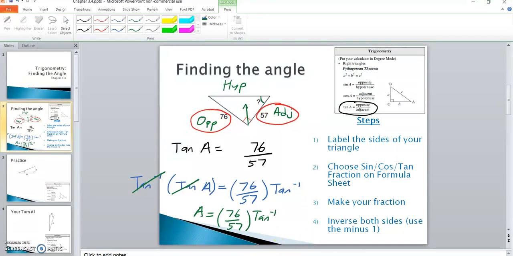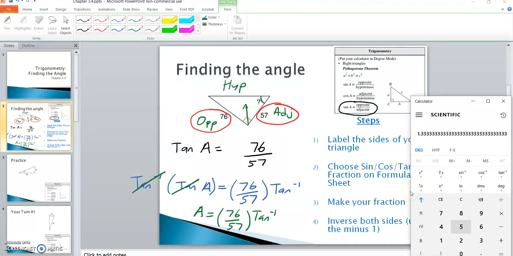So what you'll do is you'll get your calculator out, and you're going to divide 76 divided by 57, and you'll hit equals. Now, of course, you need to make sure that your calculator is in degree mode.